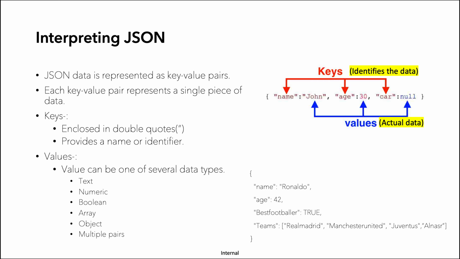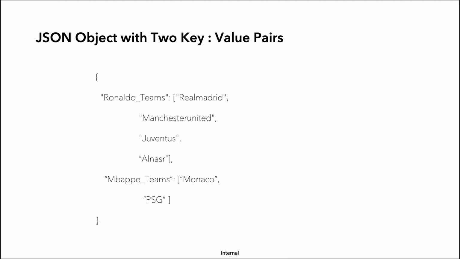So let's go ahead and see how a JSON object with two key value pairs will be represented. Another example: here we have one object, two keys, two JSON list values. Here you can see I have Ronaldo teams with four values and Mbappe teams with two values.